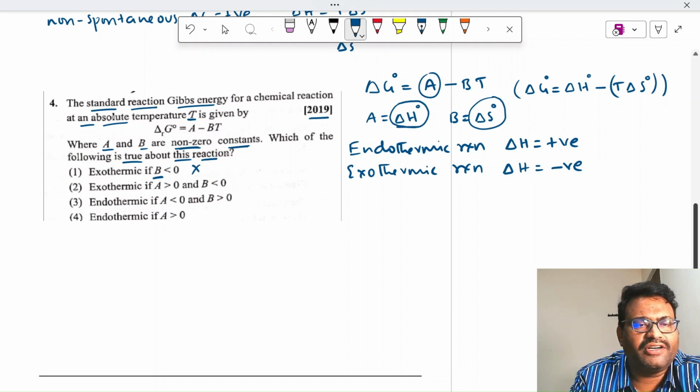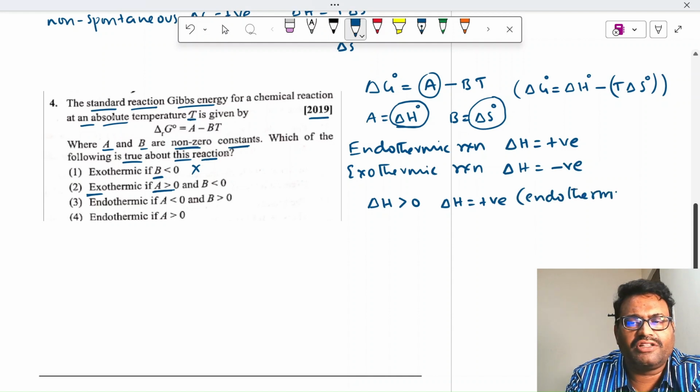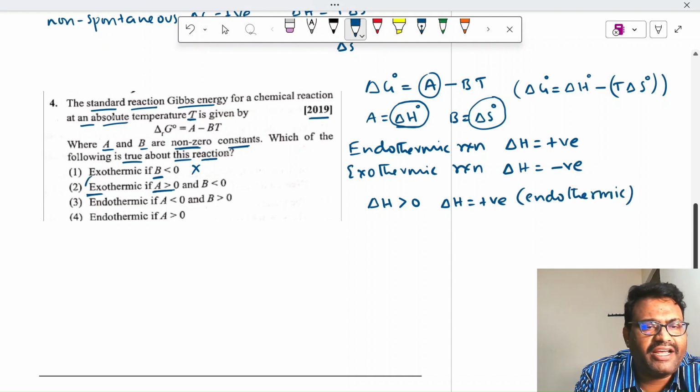And the second option, exothermic if A is greater than 0. If delta H is greater than 0, that means delta H is positive. If it is positive, it should be endothermic. But here it is given as exothermic.